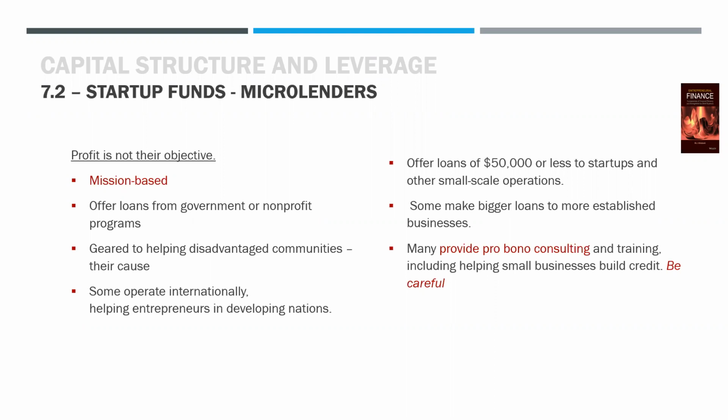Again, you've got to be very careful of this, because there might be an ulterior motive involved. It's not unheard of to possibly turn down that advice and maybe use something like Credit Karma instead to help build your credit.